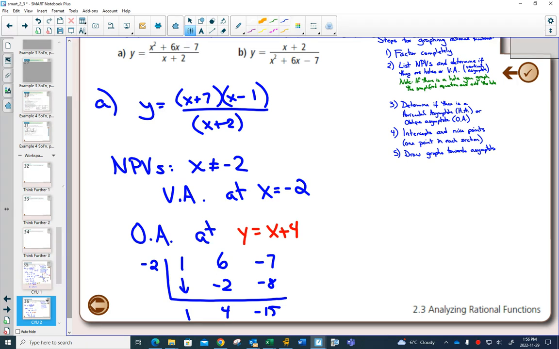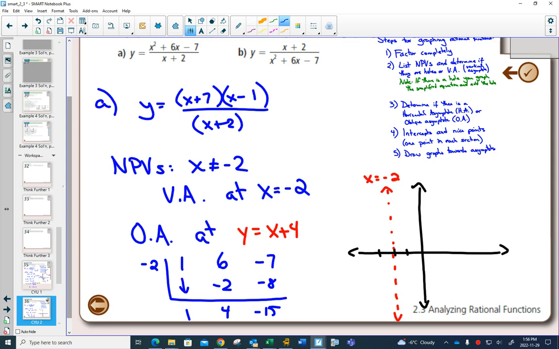So we can start to draw our graph. What do we know on our graph? We know that at -2, we have a vertical asymptote.